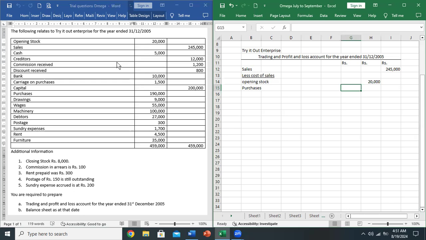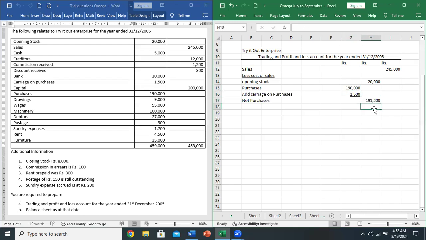Okay, so the purchase figure is 190. Then what do I do next? The carriage on purchases. Okay, we add it. We add the carriage on purchases, which is 1,500. So there is no return outwards to us, right? So we get our net purchases, which is 191,500.